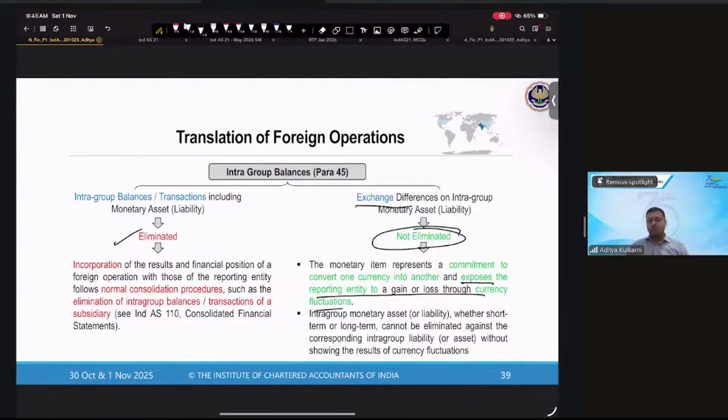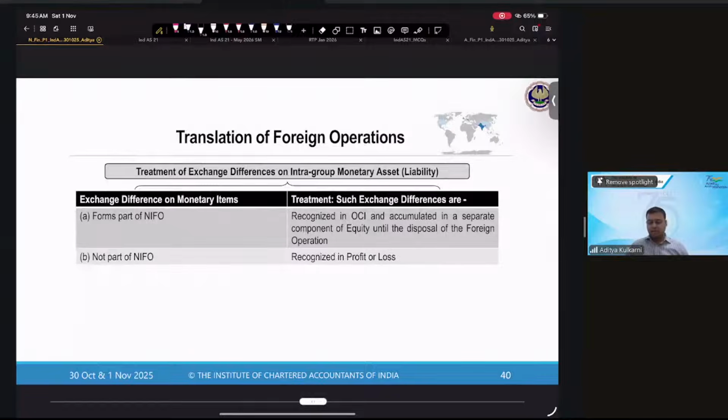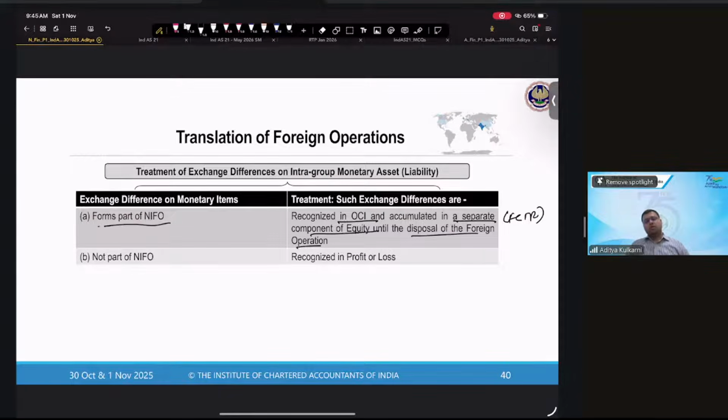That is why it will continue to come. Where will I recognize the exchange difference? If it forms part of NIFO, it will go in OCI, accumulated in a separate component of equity, that is FCTR, until the disposal of the foreign operation. On disposal, from OCI you move it to P&L, and from P&L to retained earnings. If not part of NIFO, you move it to P&L straight away. So this also we have seen.